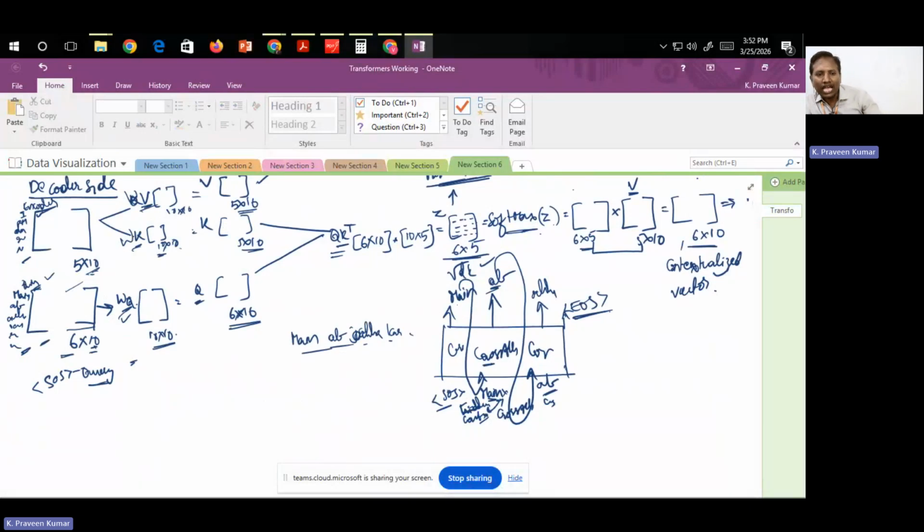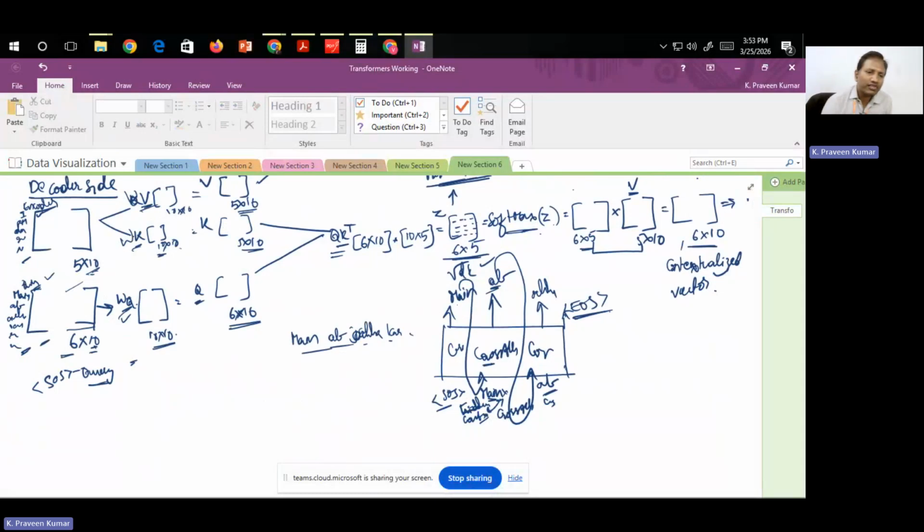So this way, actually, he has provided 16 layers. Complex thing. 16 layers of WQ, WK and WV, and all these weights are tuned.